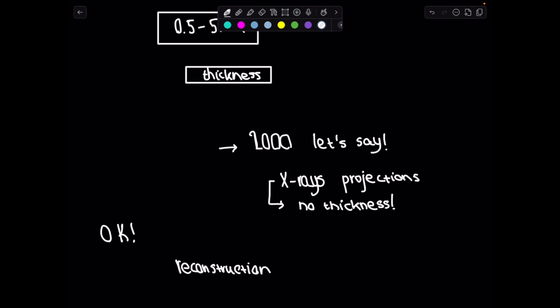Wait, like what? So we do the reconstruction, but then what happens? All right, so we do the reconstruction with those 2,000 X-ray projections. The computer takes all that raw 2D data and uses algorithms to build a 3D digital model of the thorax, figuring out where tissues, bones, and air are based on X-ray absorption.